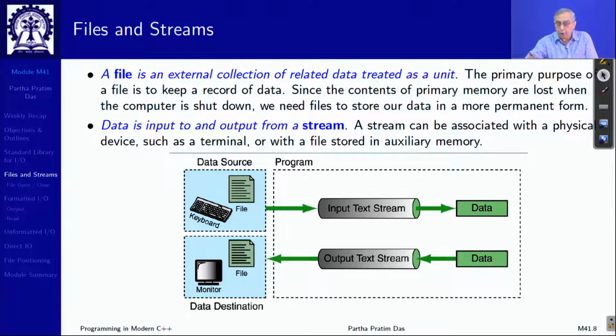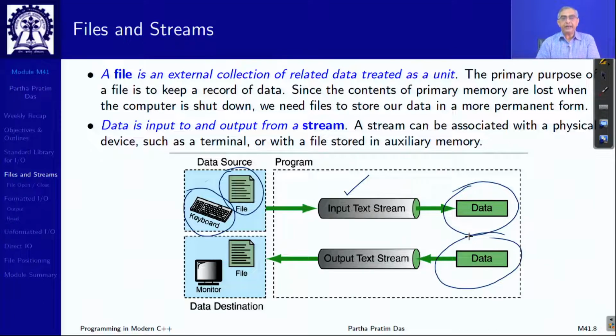So, when we have, for example, input devices like keyboard or file, then from that we create an input text stream, and that brings the data into the memory. Similarly, the other way, the data residing in the memory can be put through the output text stream, which is a continuous one. In a stream, you do not go back, you just keep on going forward, and that can be subsequently stored in a file or displayed on a monitor or maybe printed on a printer and so on.